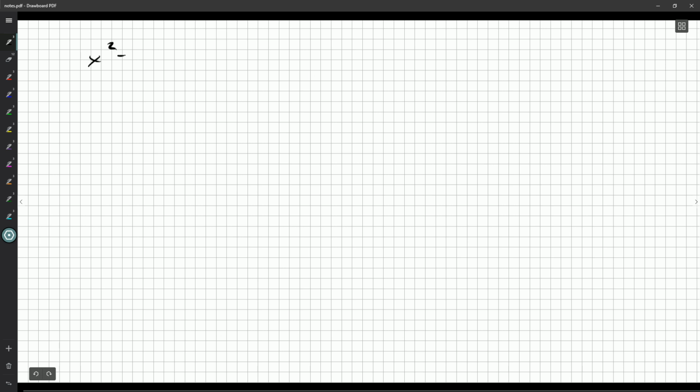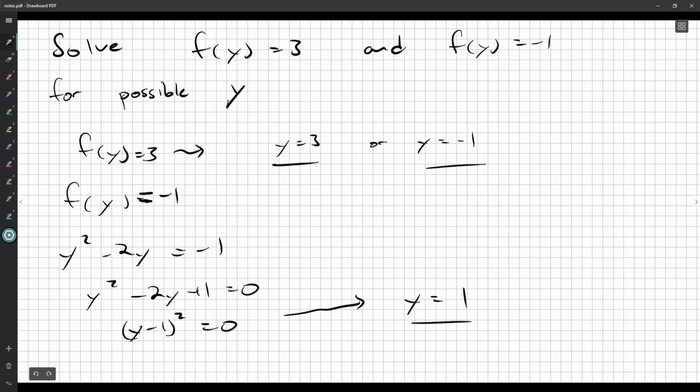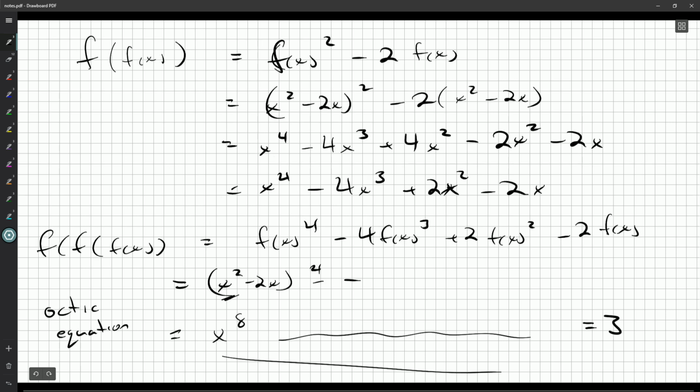What would be x squared minus 2x to the 4. Although one thing I can say, you can definitely factor out f of x here. And that would speed things up a little bit.